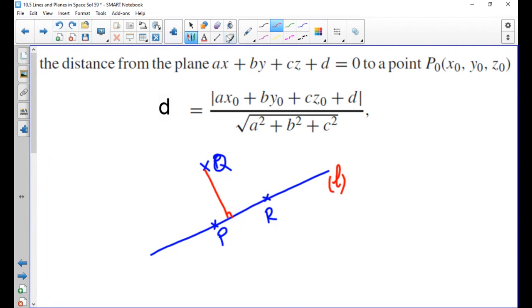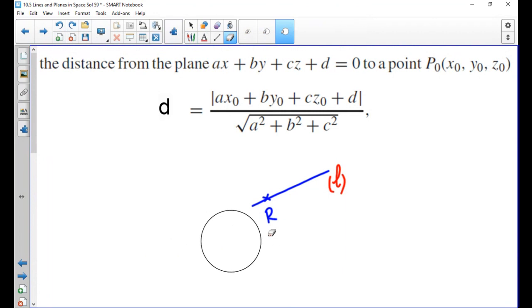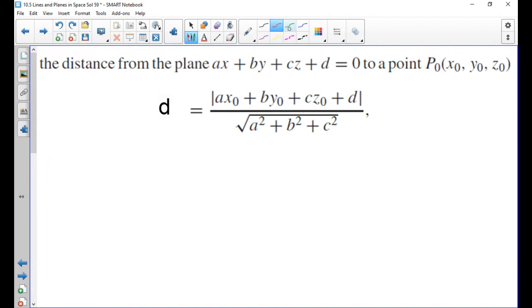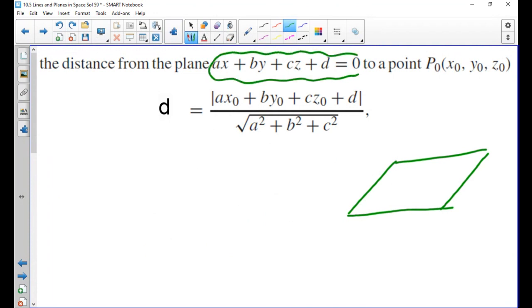Now, we have a similar rule for the distance from a point to, not a line this time, but a plane. So here, what you have is a plane, P, and we know its equation. Its equation is given.